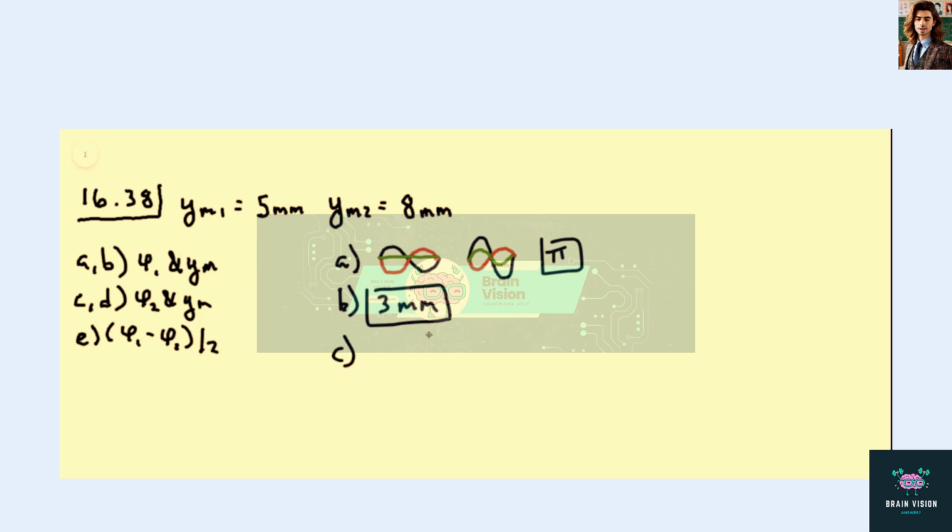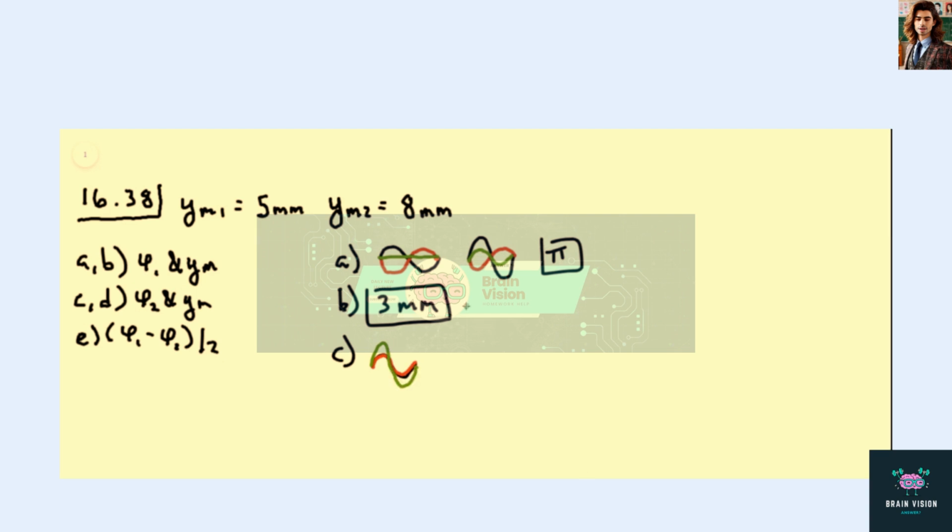Now similarly, for the maximum resultant amplitude, it's not any more of a stretch of the imagination to realize that if you have two waves of the same frequency with a zero radian phase difference between them, that will result in the wave with the maximum resultant amplitude.